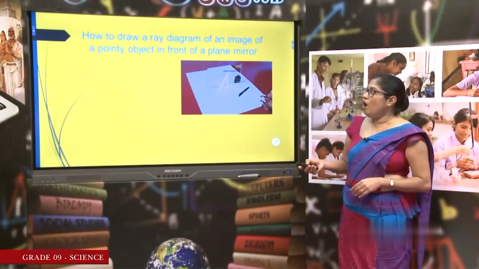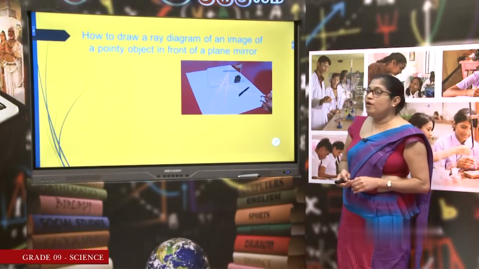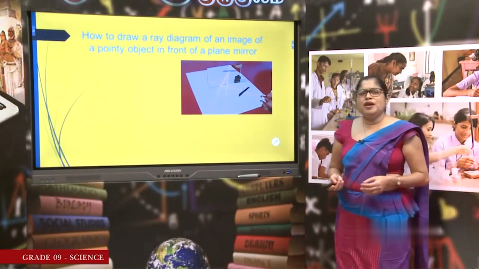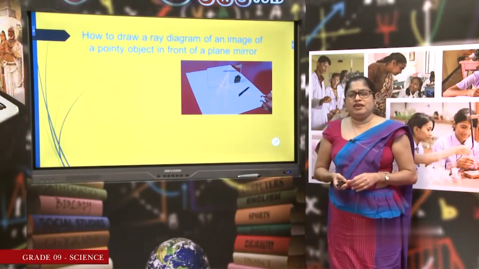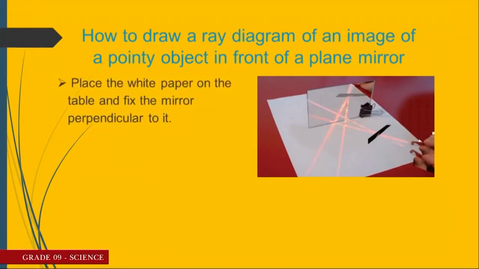Let us see how to draw a ray diagram of an image of a pointy object in front of a plane mirror. What is meant by a pointy object? Here, the object is like a point. First, you have to place a white paper on a table and fix the mirror perpendicular to it.